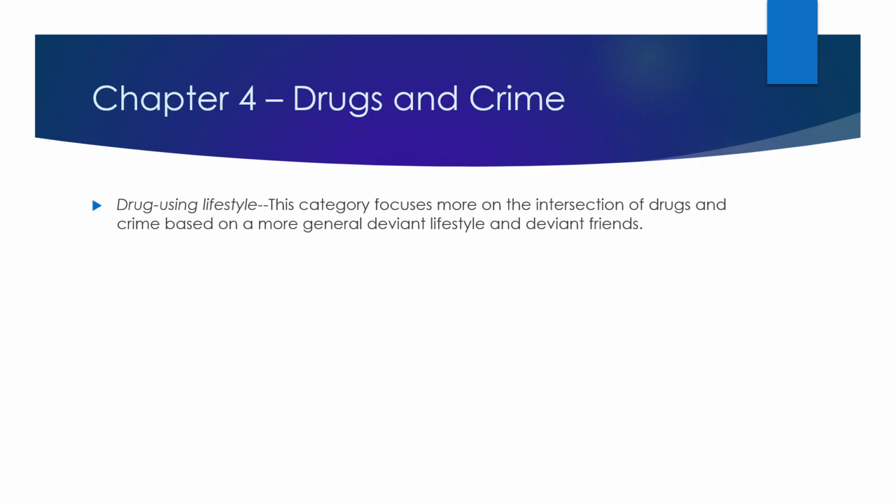So these things come together in a lifestyle with your friends, with your peers. And so you can see how drugs and crime are all kind of mixed up with the people you're hanging out with. And so this lifestyle is a really important way to understand: well, how come we see the correlation between drugs and crime? Well, it's because people who hang out together who are doing one tend to do the other.